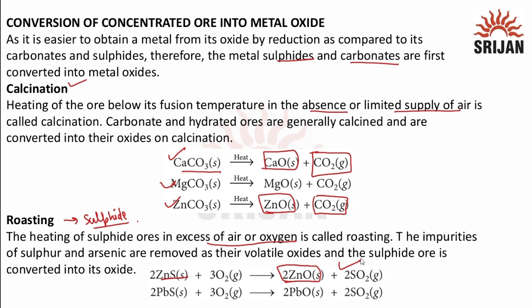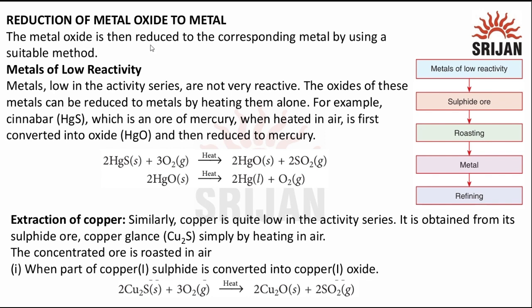So here we employ calcination and roasting for the conversion of carbonate and sulfide ore into their respective oxides, right? Now, after converting the metal sulfide and carbonates into oxide, we will reduce this metal oxide into pure metals, right?